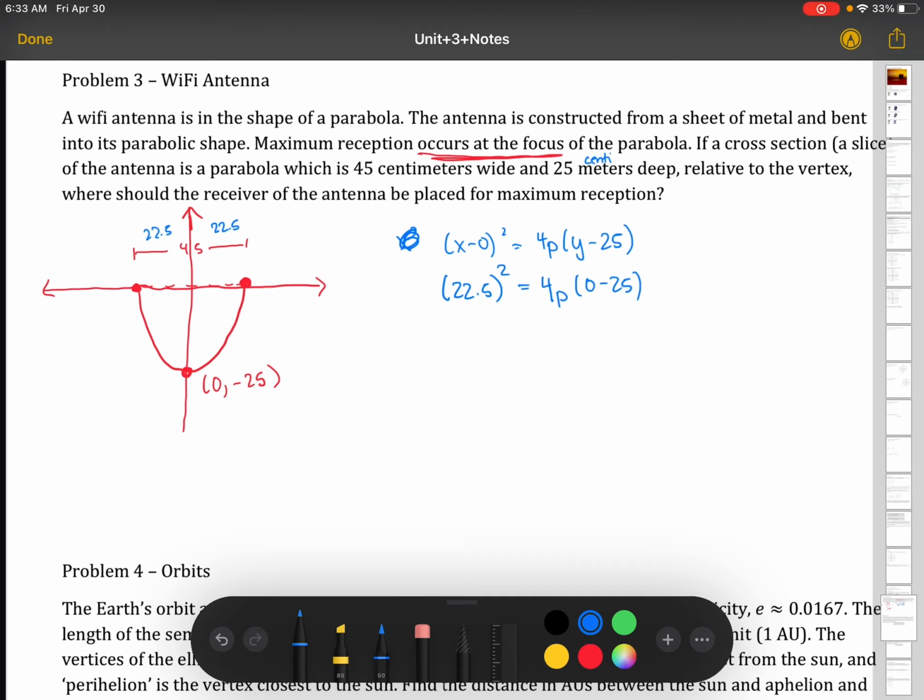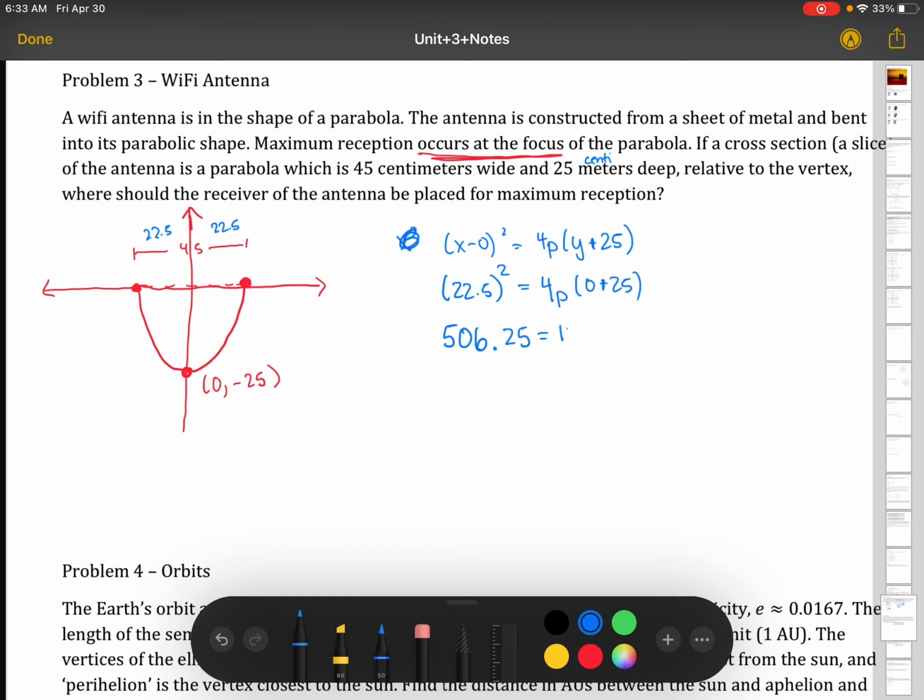So 22.5 squared is 506.25. So 506.25 is equal to, I'm sorry, this should be plus 25 because we're doing minus -25. That should be plus.